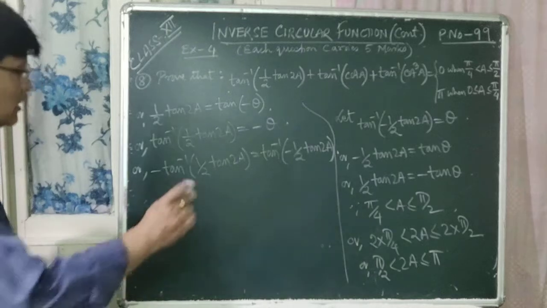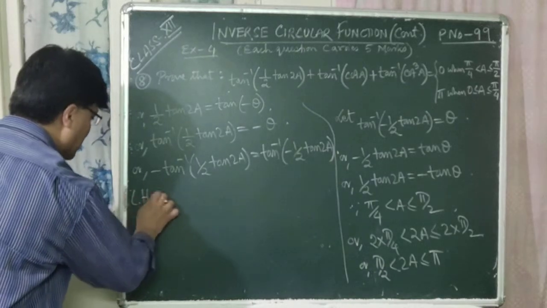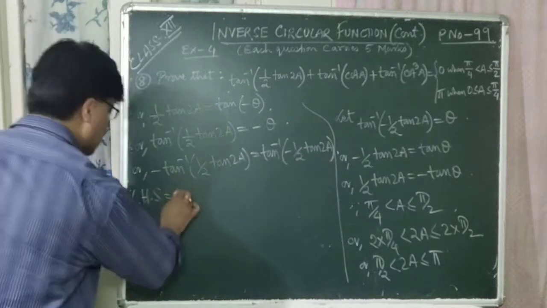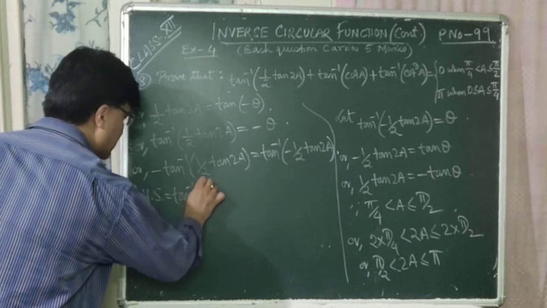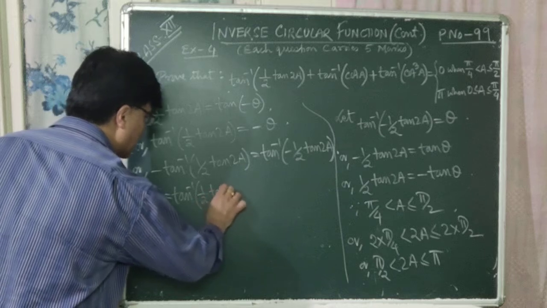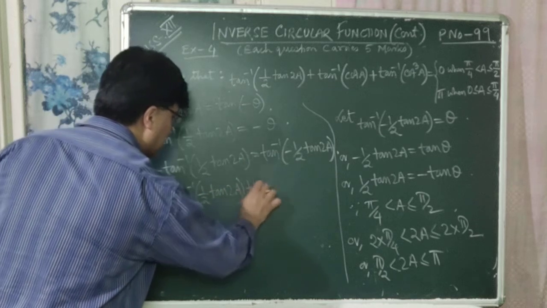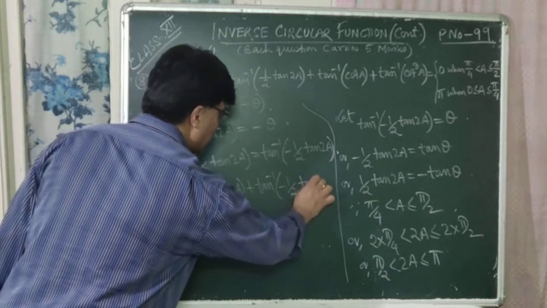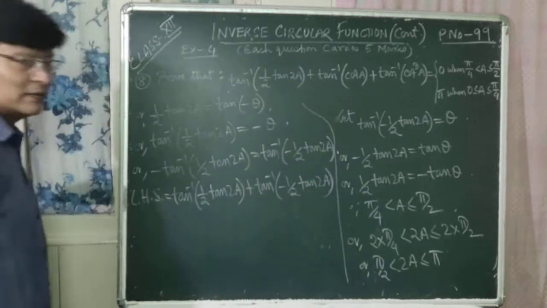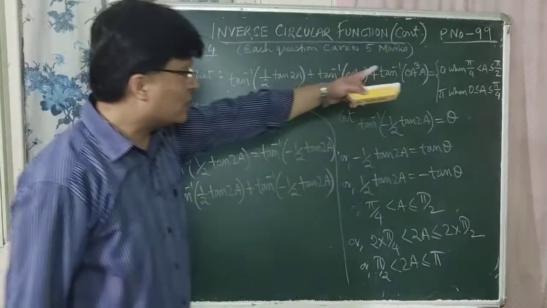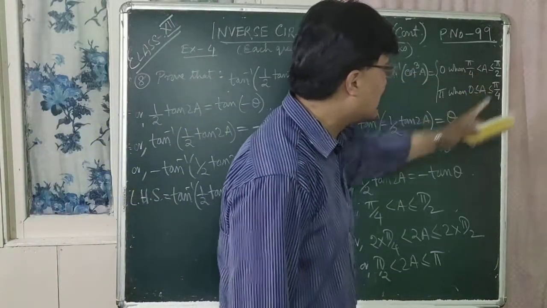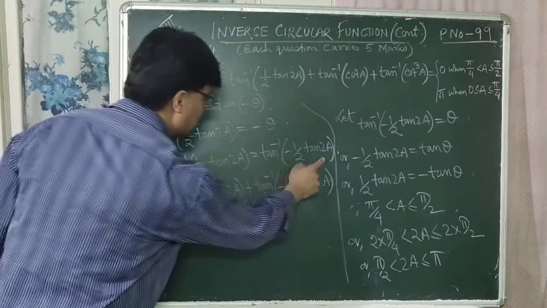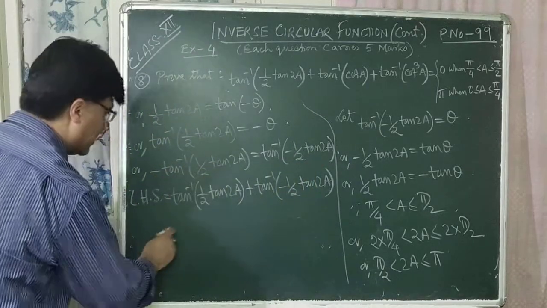Is it clear? Now what is left hand side there? So LHS, what was the simplified LHS? The simplified LHS was tan inverse within bracket half tan 2a. Then we had plus tan inverse within bracket minus half tan 2a. Right? So in this case, when the condition is pi by 4 less than a less than or equal to pi by 2, then we can write this minus sign outside because the value of this expression is minus tan inverse half tan 2a, right?